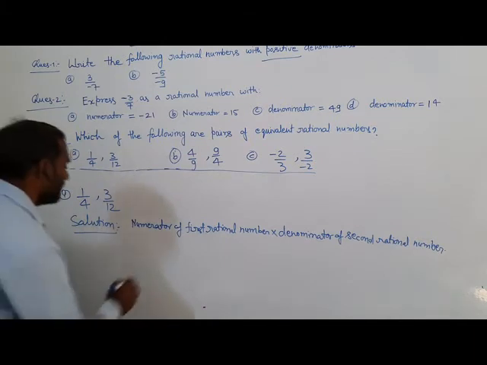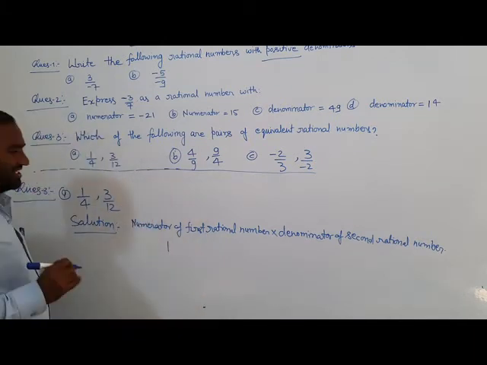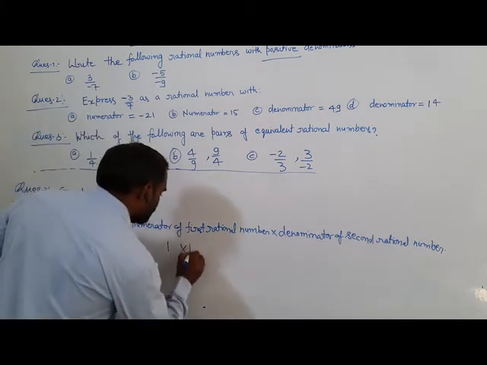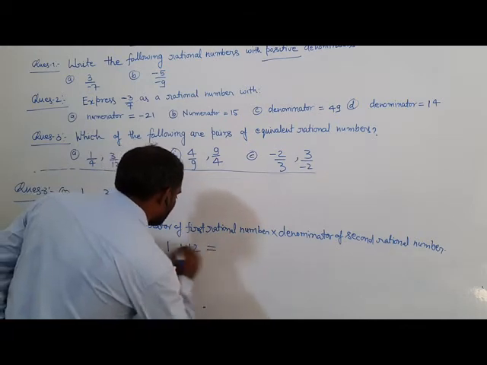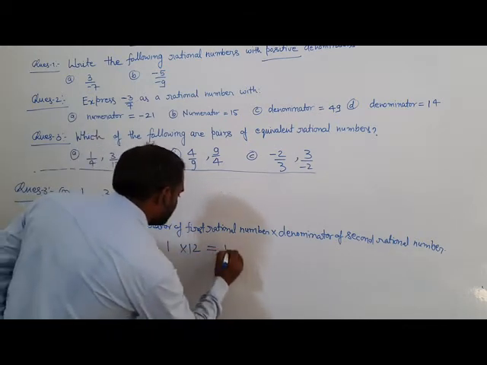Numerator of first rational number is 1. Denominator of second rational number is 12. 1 twelve is 12.